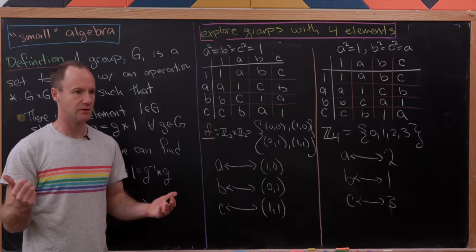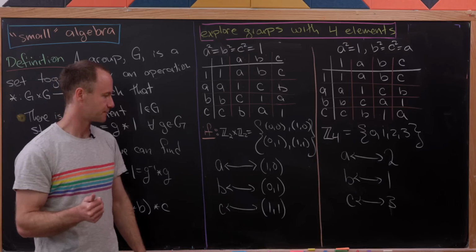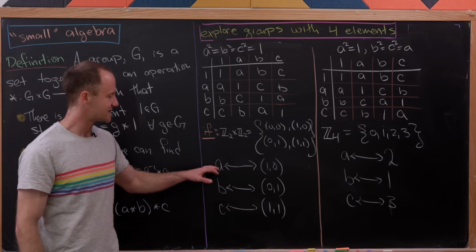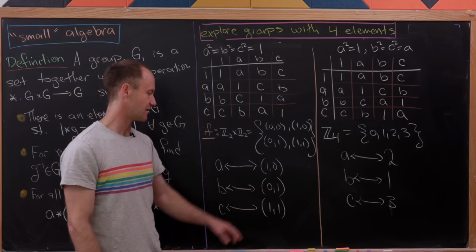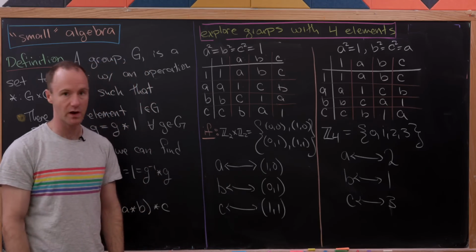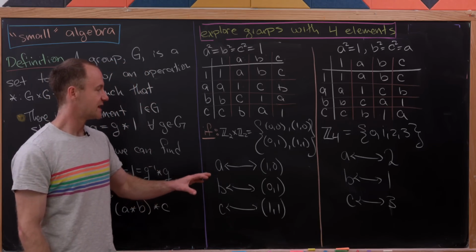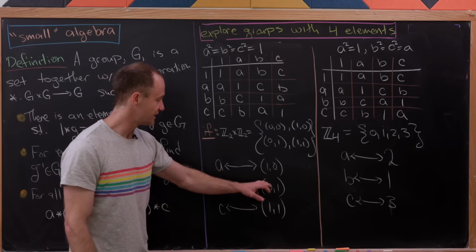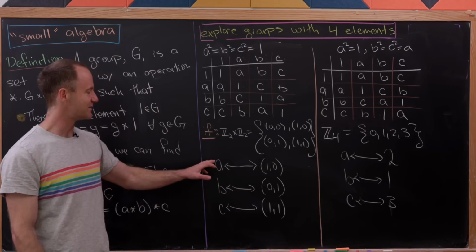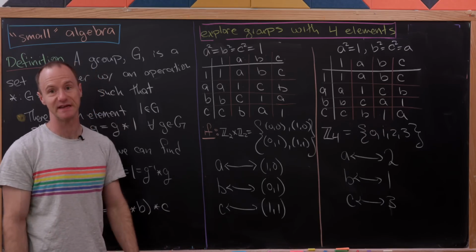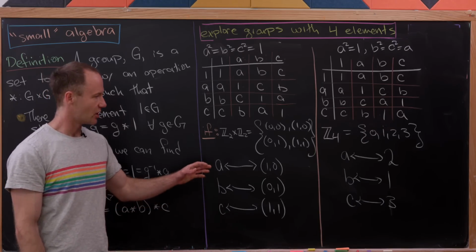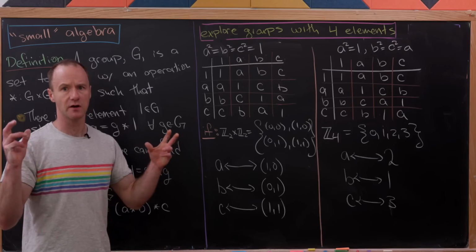And when you add, you divide by 2 and keep the remainder. If you assign A to the element (1, 0), B to the element (0, 1), and C to the element (1, 1), you'll notice that the addition that occurs over here lines up exactly with the group operation that happens over here in ABC land. So that means that these groups are the same.